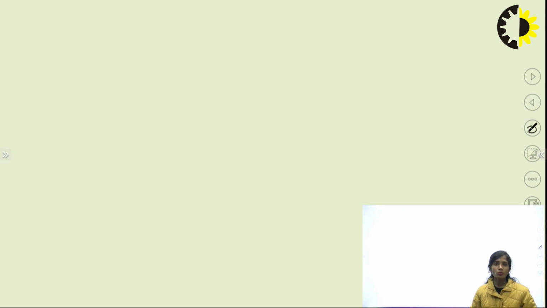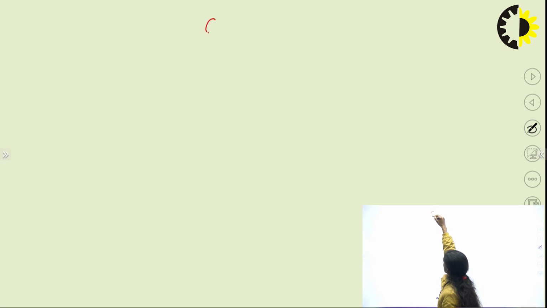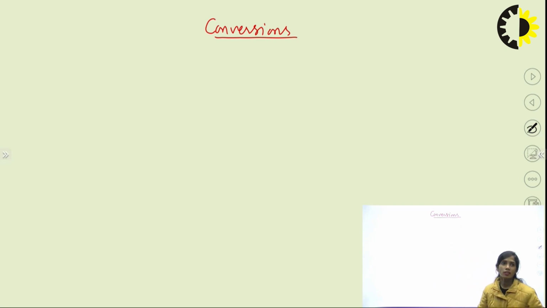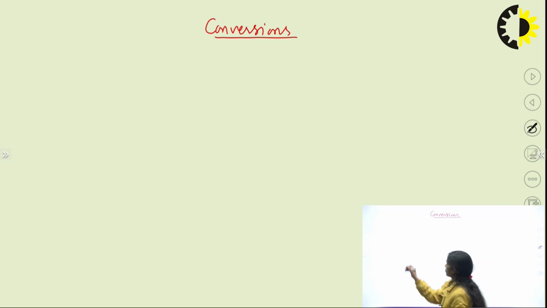Now next we are going to see the conversions between these numbers. For conversions, there is a technique or method. Decimal number system is the standard number system.